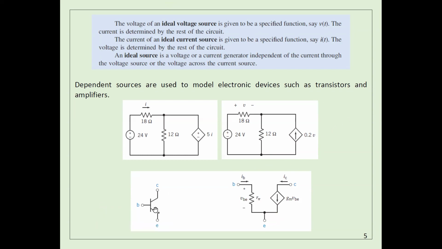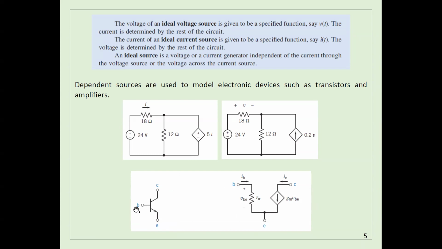This transistor should behave this way: the current here is proportional to the voltage here. That's why I can say we have a current source here. As long as the voltage is constant, the current is constant. But the amount of current is proportional to VBE, the voltage here. So that's why I'm going to model the behavior of this transistor like that.